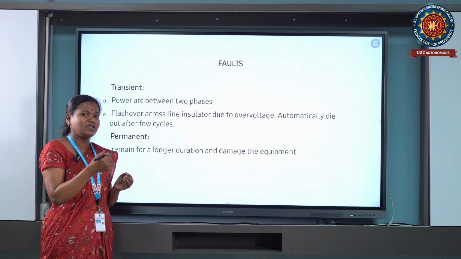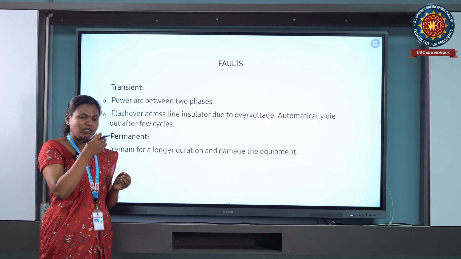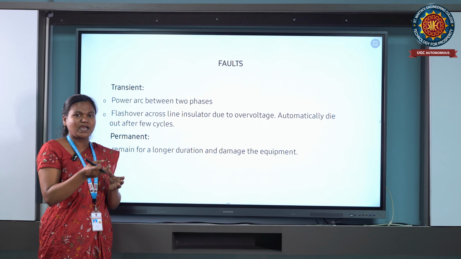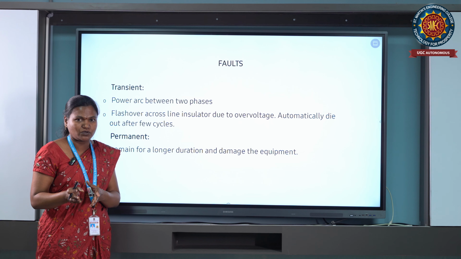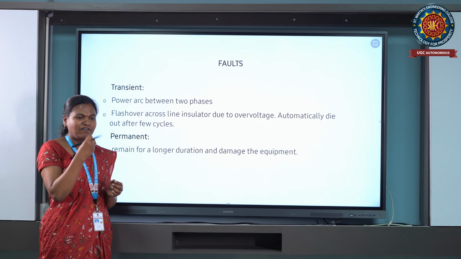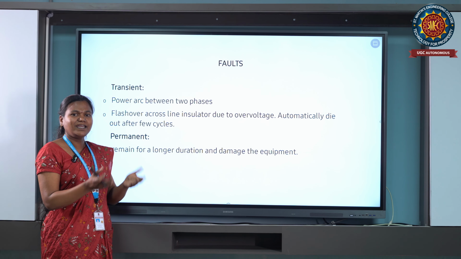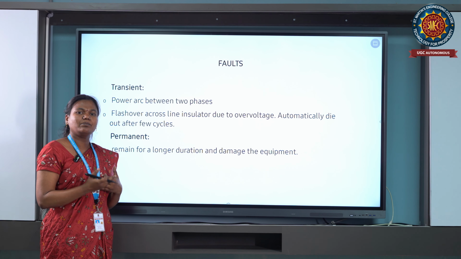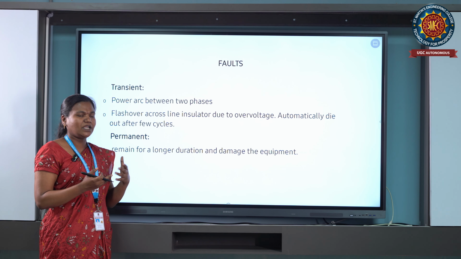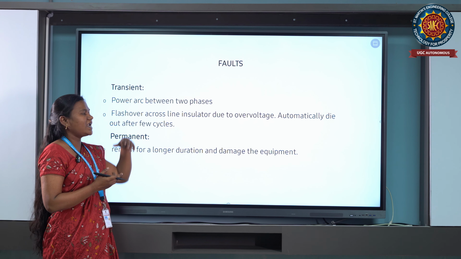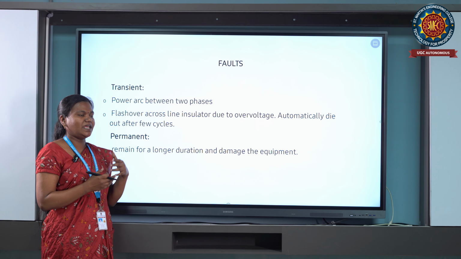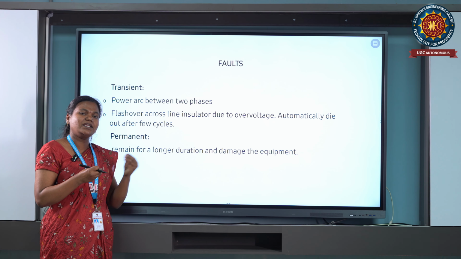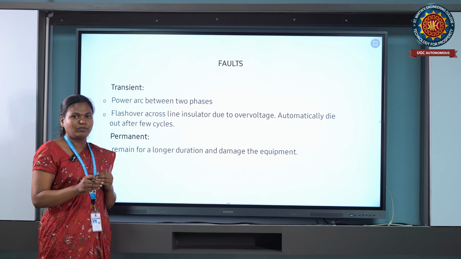But it lasts only a short time, because due to the over voltage the tree branch gets smashed within a fraction of a second, and after that the fault clears. So we do not provide any protecting schemes for a transient fault. That is the advantage: after some time the fault clears automatically.